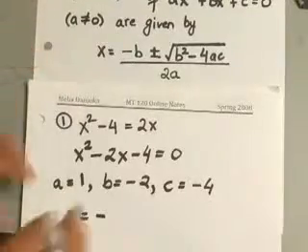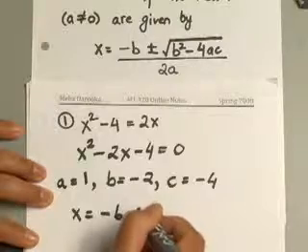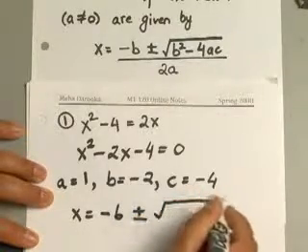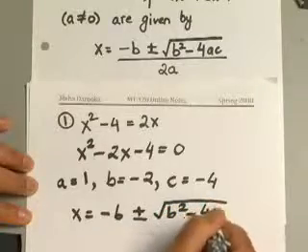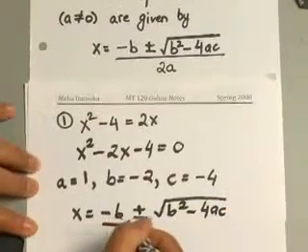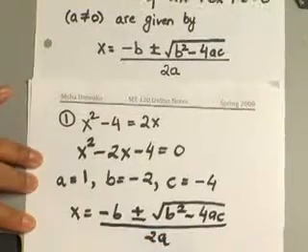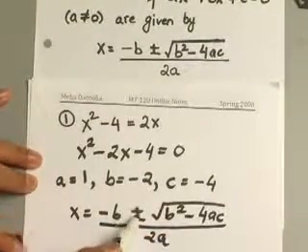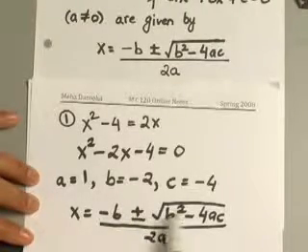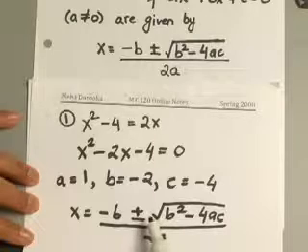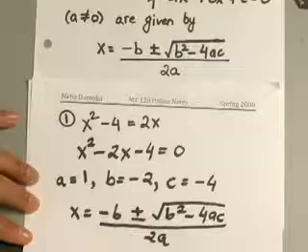Negative b plus or minus the square root of b squared minus 4ac, and the whole thing over 2a. The reason you have that plus or minus in the middle of your formula is because you can have a positive and a negative square root, and that's why we include both answers in our formula.